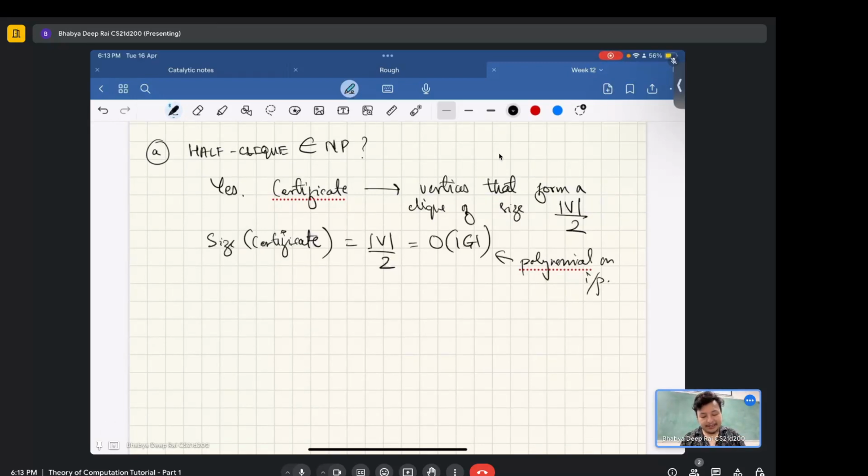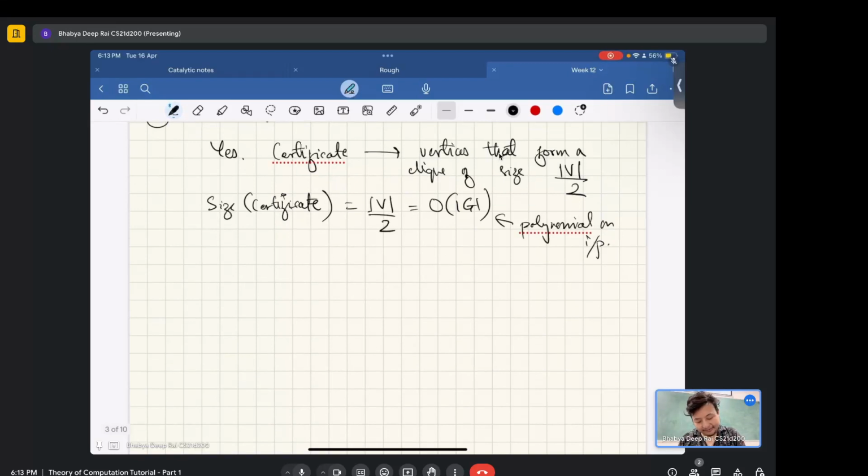Next, can it be verified easily? Well, if it exists, then the certificate can definitely be found. And what does the verifier do?